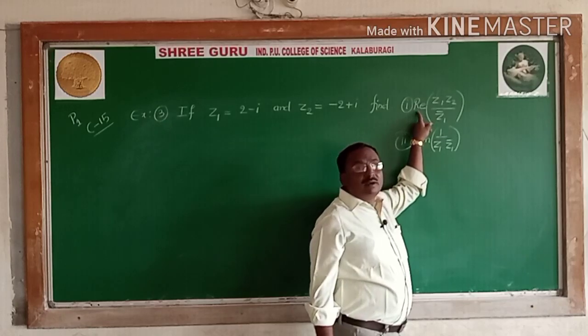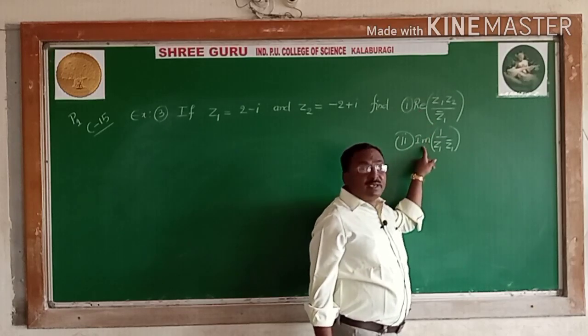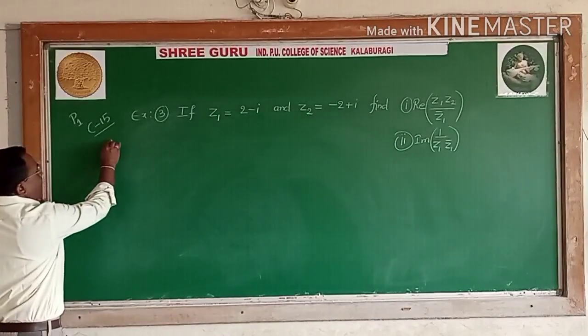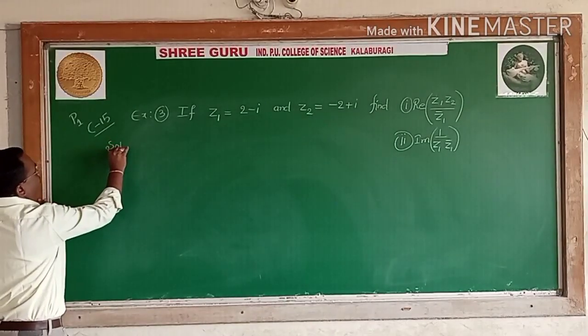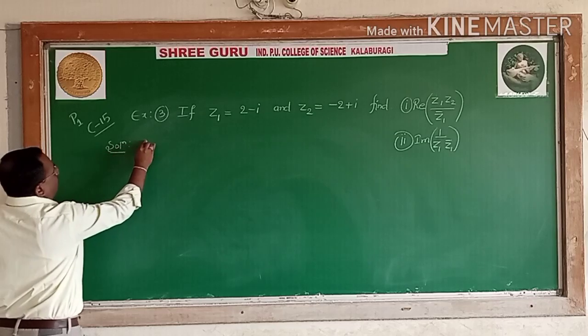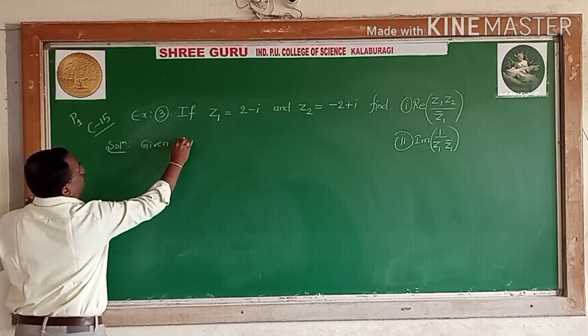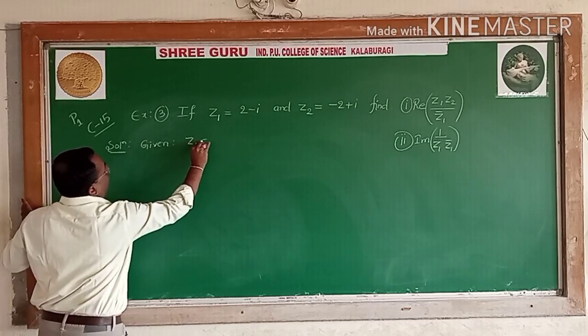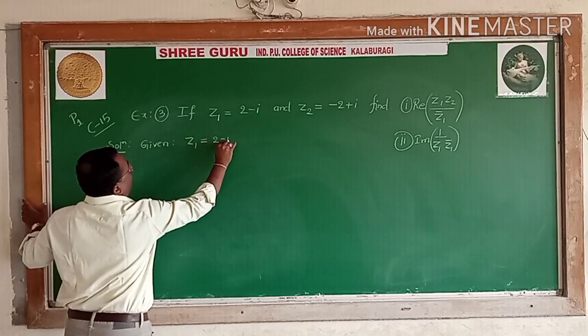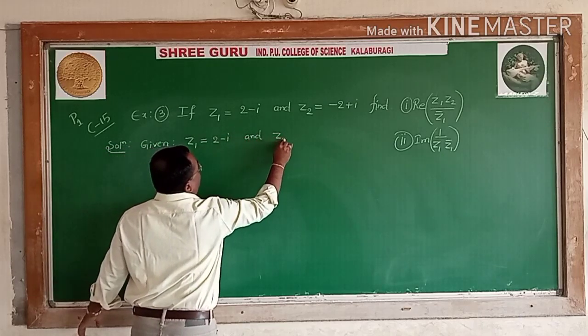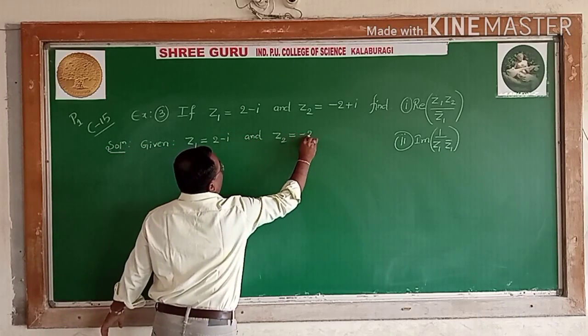Only find the real part of that one, only find the imaginary part of that one. Here the given values are Z1 is equal to 2 minus i and Z2 is equal to minus 2 plus i.